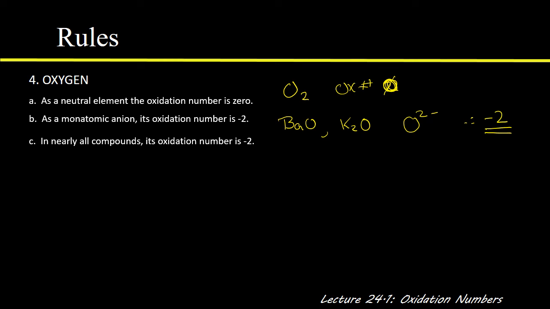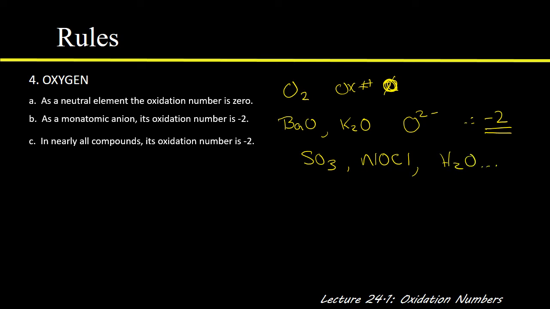All right, this is helpful. In nearly all of its compounds, its oxidation number is -2. Okay, so if it's an ionic compound, then it's -2. But also, if it's in something like sulfur trioxide or NOCl or water, so on and so forth.